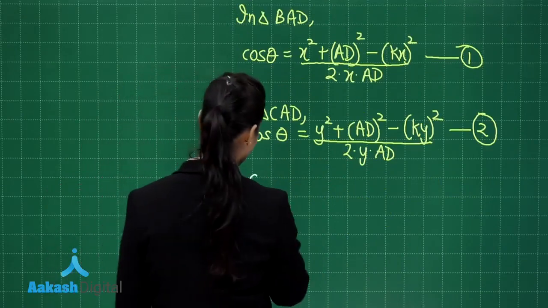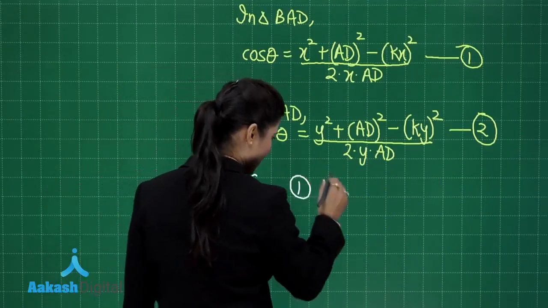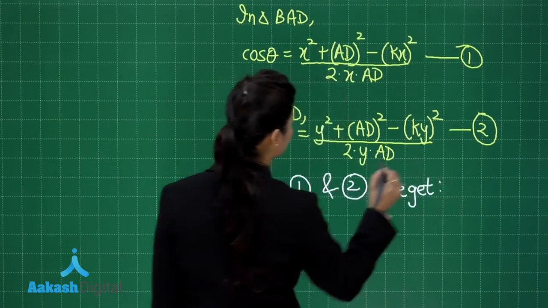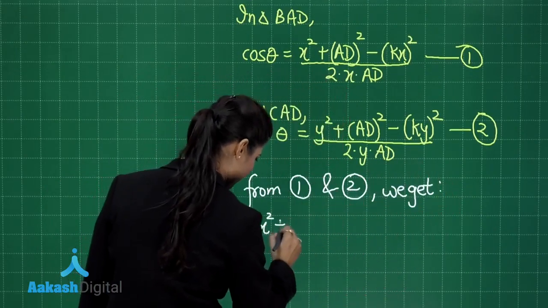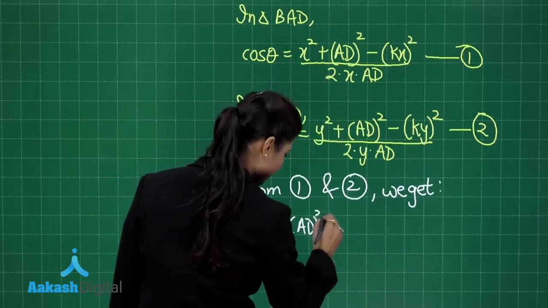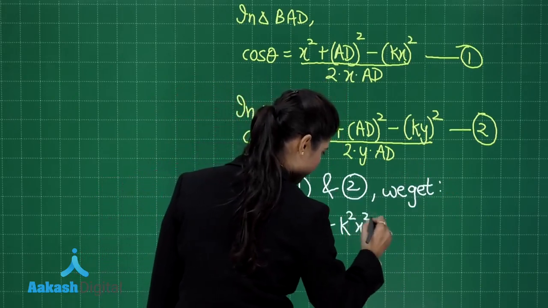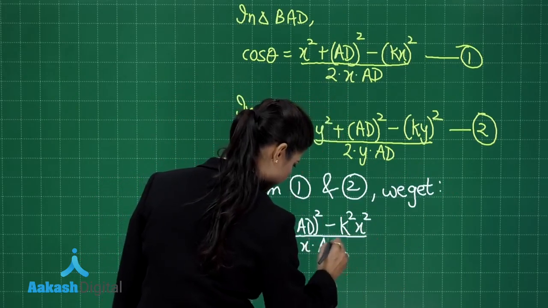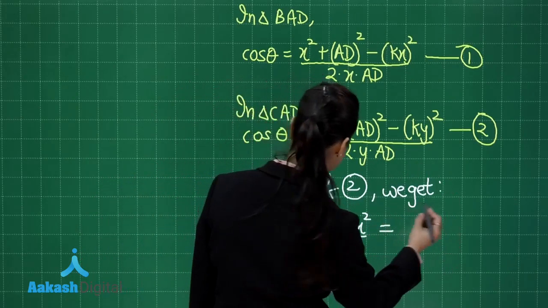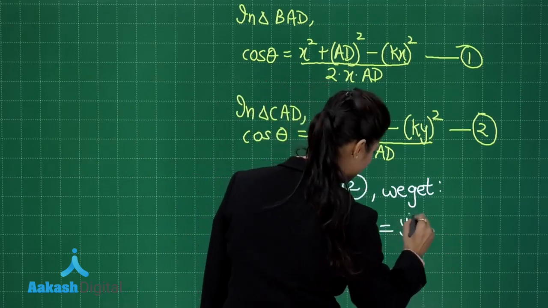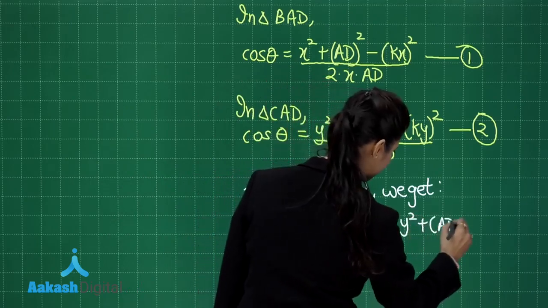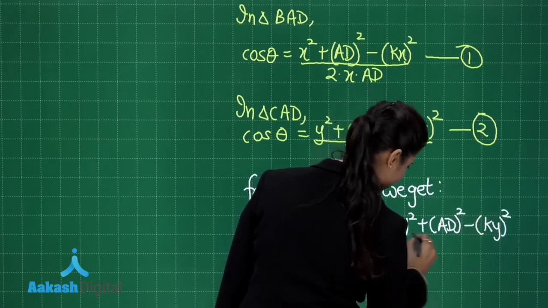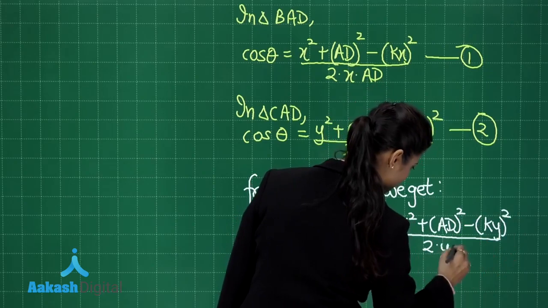This gives me (x² + AD² − k²x²)/(2x·AD) equal to (y² + AD² − k²y²)/(2y·AD).